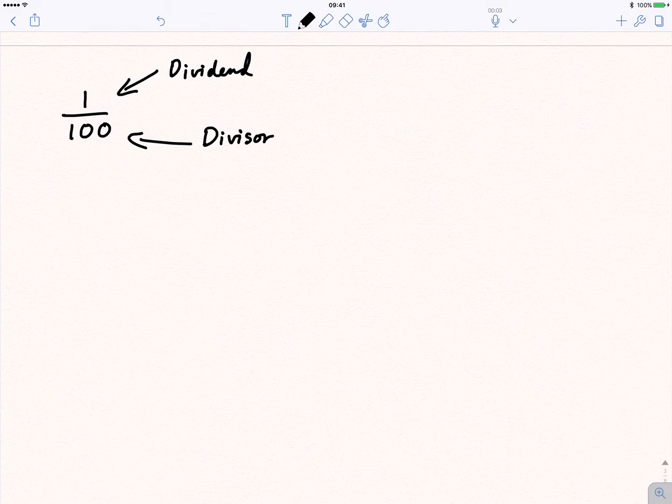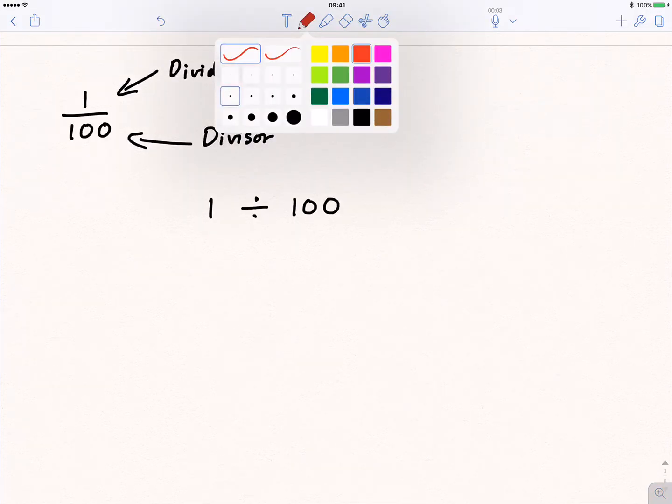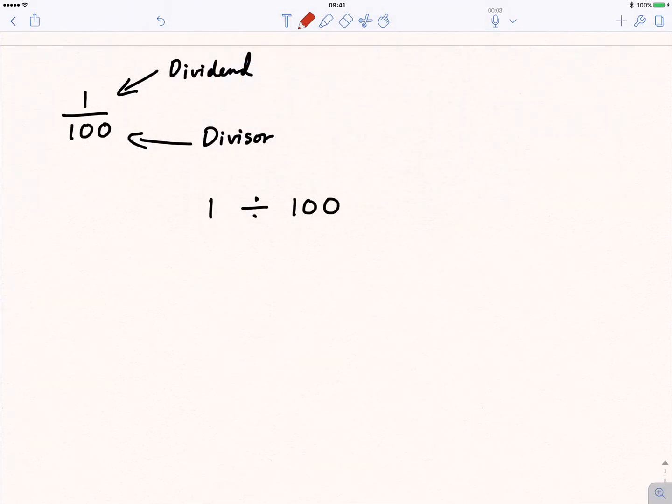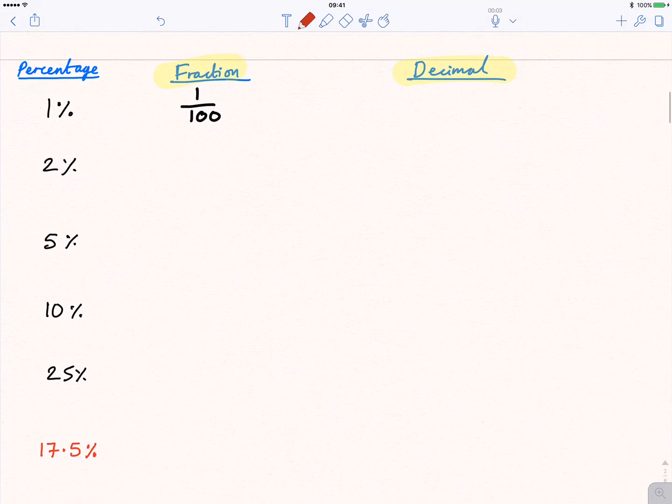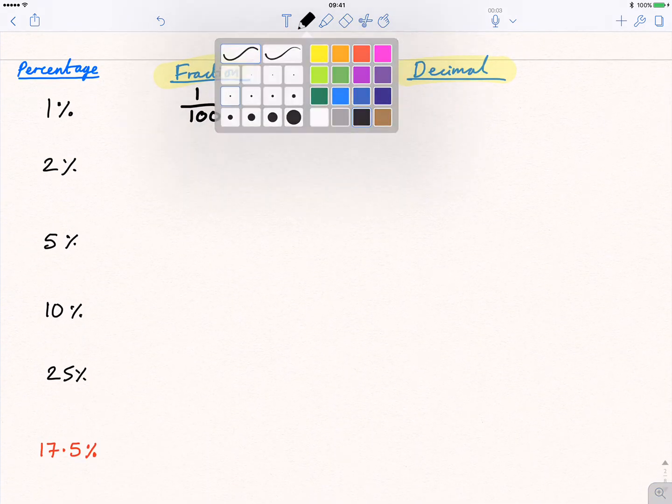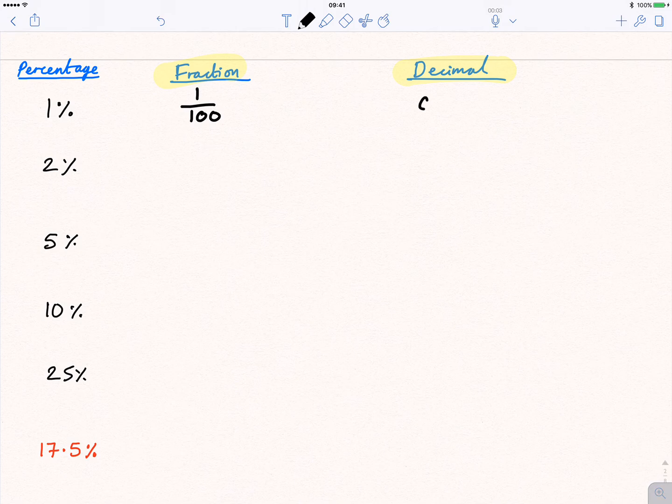So this fraction, in other words, is just 1 divided by 100. Now when we divide by 100, we learned that we move the decimal 2 places to the left, 1, 2. So my answer there is 0.01. Going back to this question here, 1 over 100 is just 0.01.